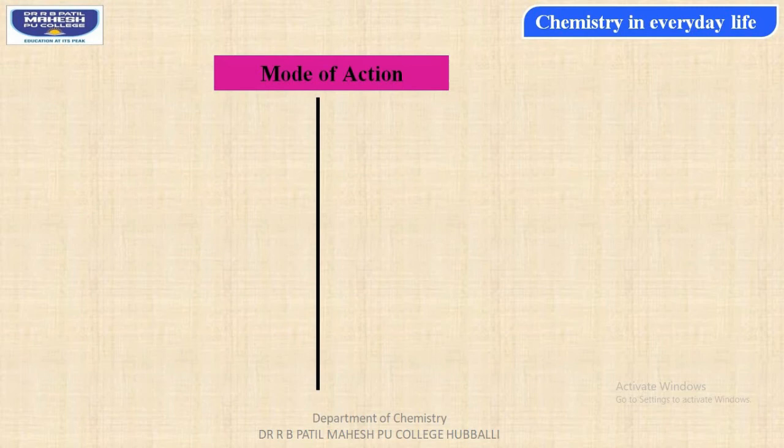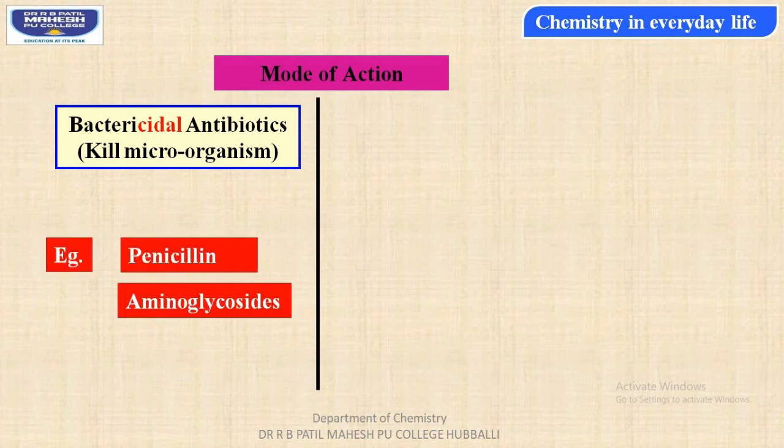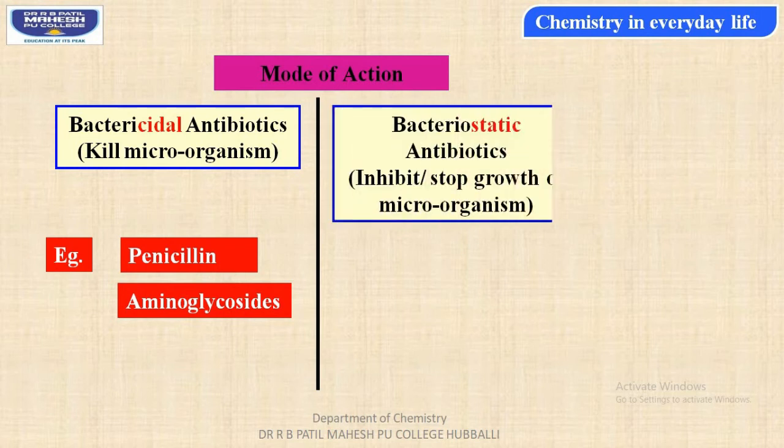Now let us understand the mode of action in both the cases. Bactericidal antibiotics kill the microorganisms, for example penicillin and aminoglycosides, whereas, students, bacteriostatic antibiotics inhibit or stop the growth of microorganisms.